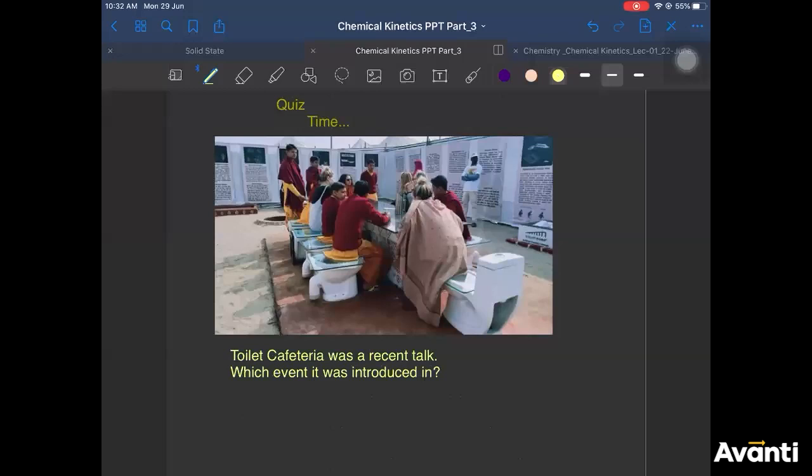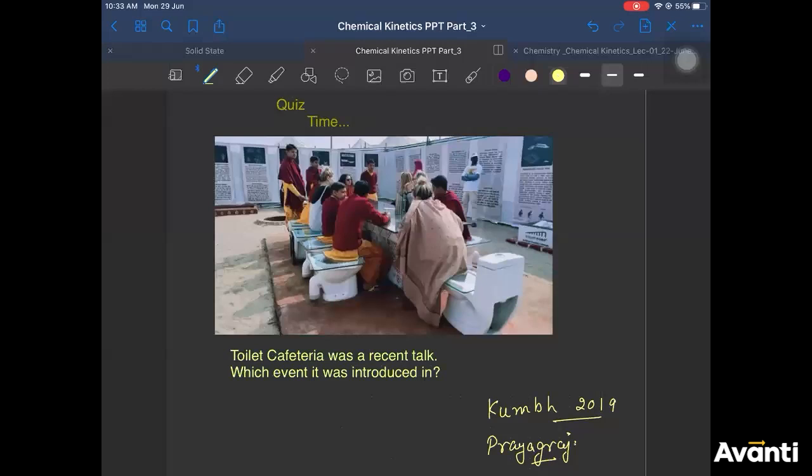Karthik is almost nearly correct. Yes, Shreyas. It was introduced in Kumbh, the Kumbh Mela of 2019, which was held at Prayagraj. The concept was that Kumbh causes a lot of pollution or garbage at the banks of the river, right?